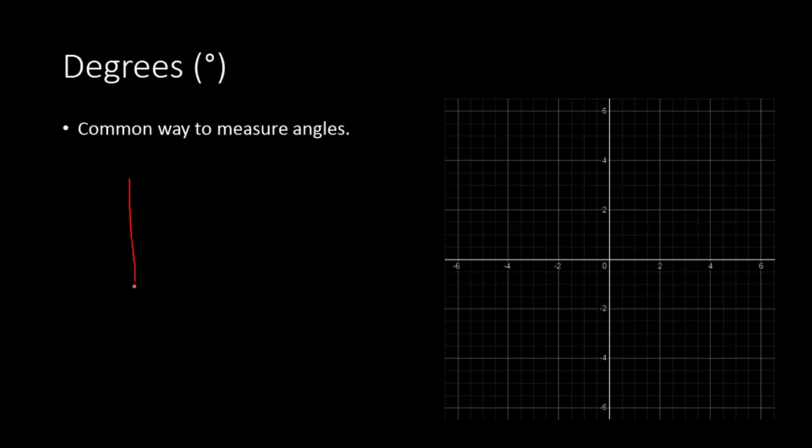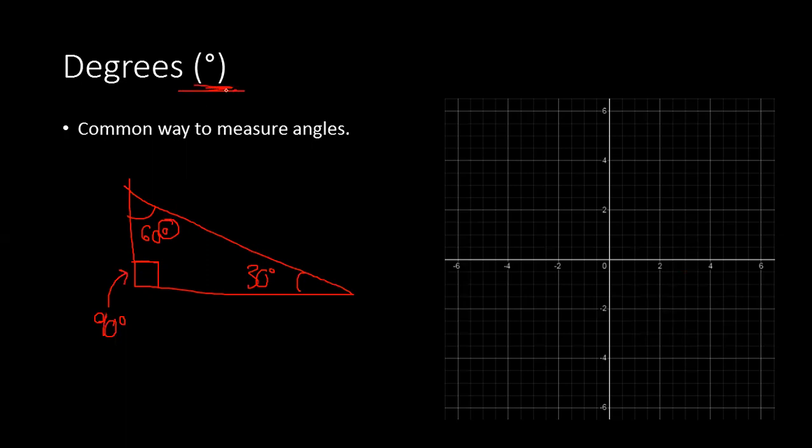For example, here we have a right triangle. This square figure means it is a 90-degree angle. Then here we have 30 degrees, then 60 degrees. As long as we have a number and a symbol like this one, it means it is in degrees.